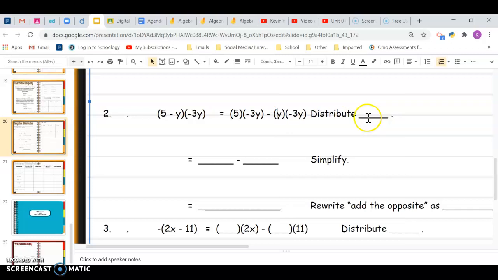We just have to put the y, because we keep that negative part in here from before. So let's go through, let's simplify this. So if I got 5 times negative 3, this is negative 15y. Now over here, since we have a y, we're multiplying it times negative 3y. This will be a negative 3y to the second power.